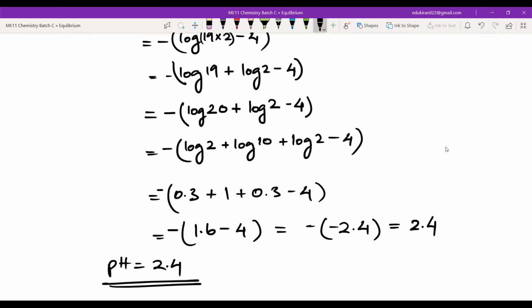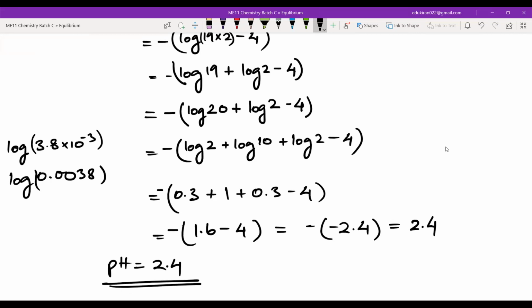So pH was equal to 2.4. Now what I need you to do is take a calculator near you or on your phone. Calculate the value of minus log of 3.8 into 10 to the power minus 3, or minus log of 0.0038.